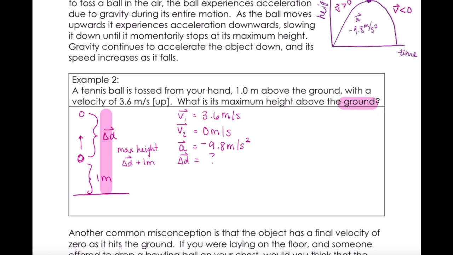All right, so now we have 4 variables. We can use one of the kinematic equations in order to solve this problem. Okay, so we're going to use the equation final velocity squared equals initial velocity squared plus 2AD.